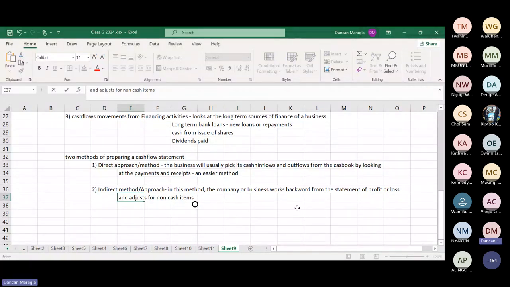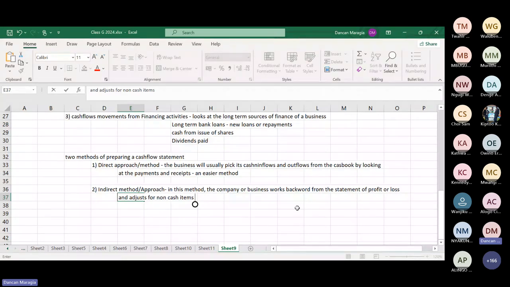Remember, the accrual basis of accounting, which we looked at in chapter 1, details to us that whenever we are preparing our financial statements, majorly the statement of profit or loss and the statement of financial position, we recognize income and expenses when they have occurred, not necessarily when the cash has been received.